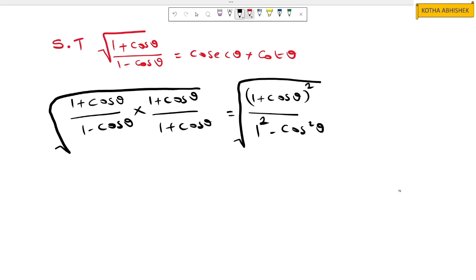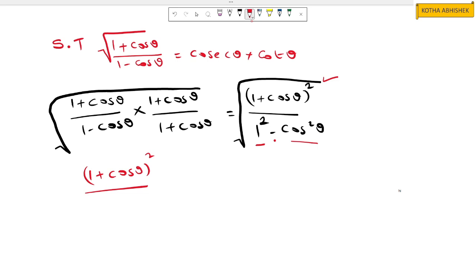Now here if we observe clearly, this square root is applicable for both numerator and denominator. So don't cancel this square and this square root right now, that is a completely wrong process. So write the numerator as it is first, that is 1 plus cos theta whole square divided by, here we have 1 square, right? 1 square is nothing but 1. So 1 minus cos square theta, from the first identity sin square theta plus cos square theta equals 1.